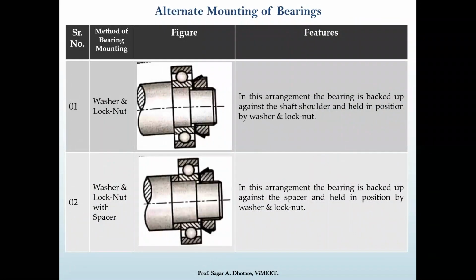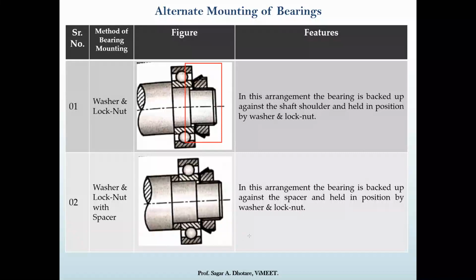First one, the use of a washer and lock nut. In this arrangement, the bearing is backed up against the shaft shoulder and held in position by using a washer and lock nut. You can see in the diagram, the washer and lock nut are placed here, and they hold the bearing at a proper position.